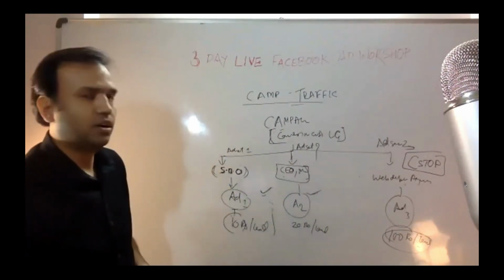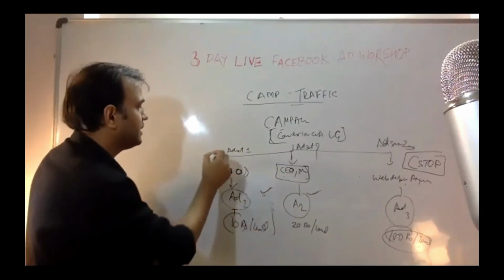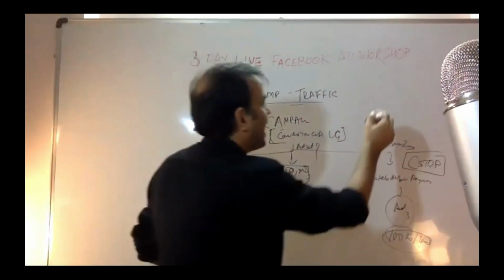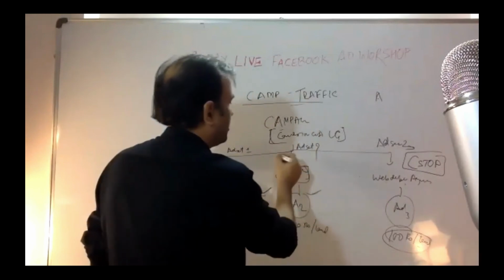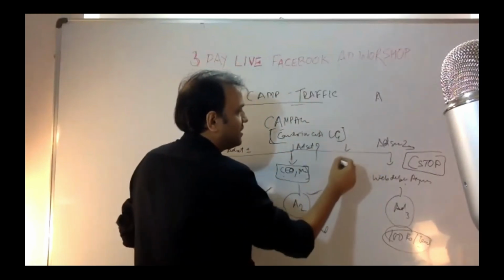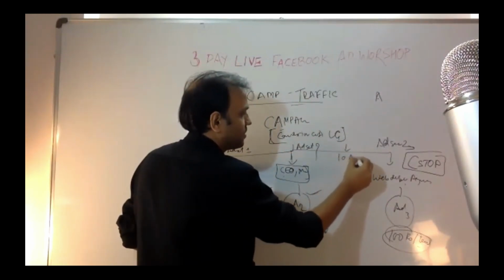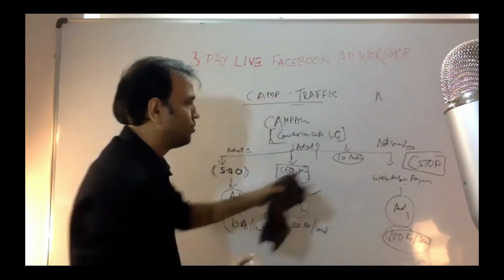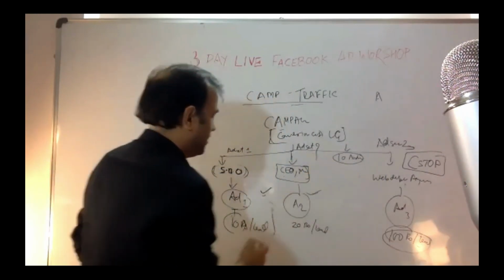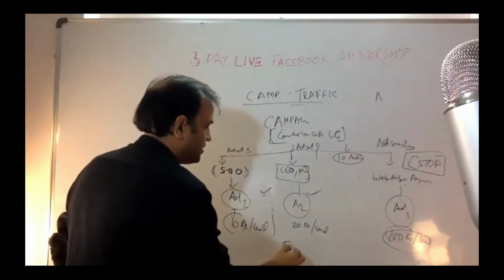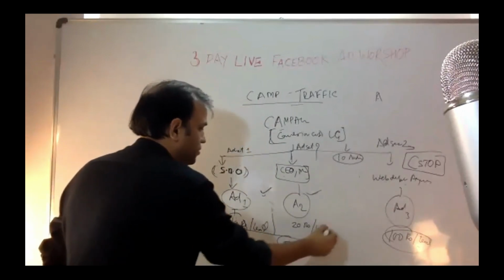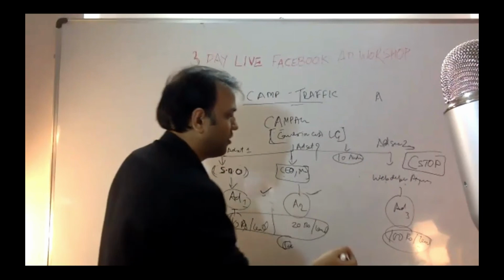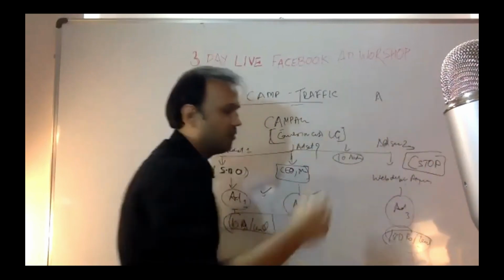Later, I can create another ad set. Similarly, for example, suppose I have tested 10 audiences. I find that 5 audiences are giving me results in the range of 10 rupees to 20 rupees. The other 5 audiences are giving me above 50 rupees.